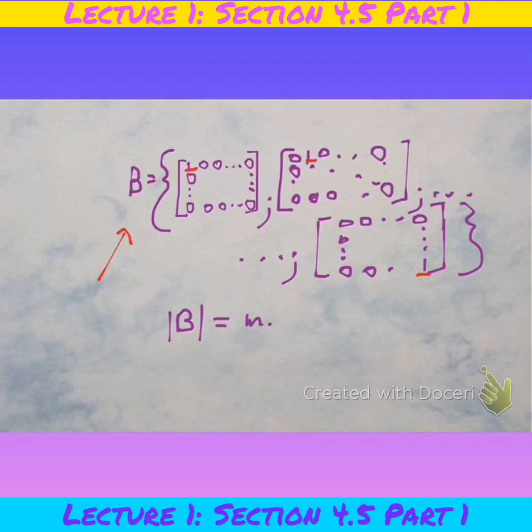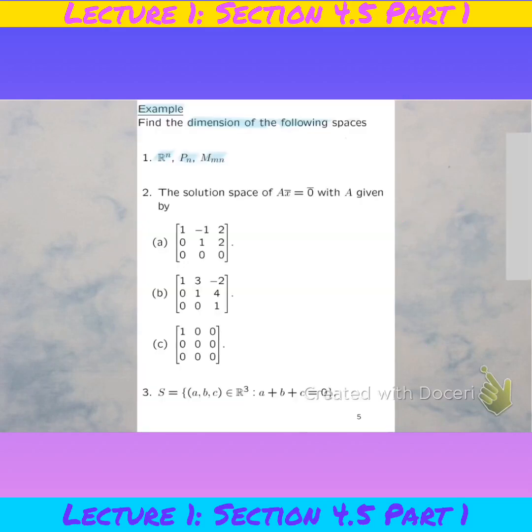And that is going to imply that the dimension of M subscript mn is m times n. Okay, so that completes the first. All right, let's look at the next one. Let's look at the solution space of Ax equals 0.